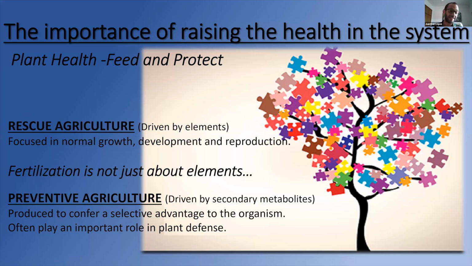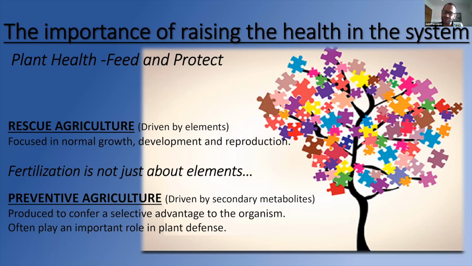Fertilization is not just about the addition of elements, NPK and so on. We need to understand and practice preventive agriculture, where we do not allow those problems, deficiencies, pests and diseases to happen. There is a difference in the approach of management between rescue agriculture and preventive agriculture, and this is the key for me to build healthy systems.